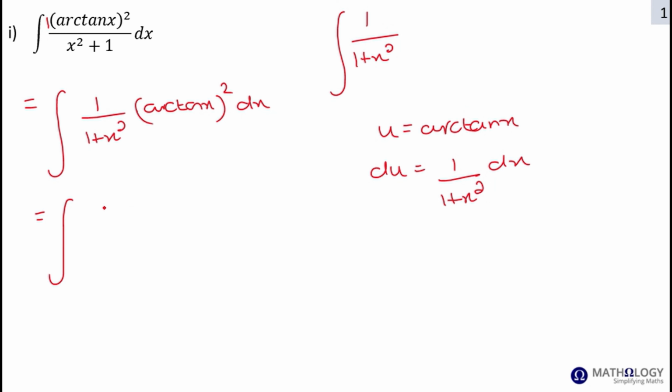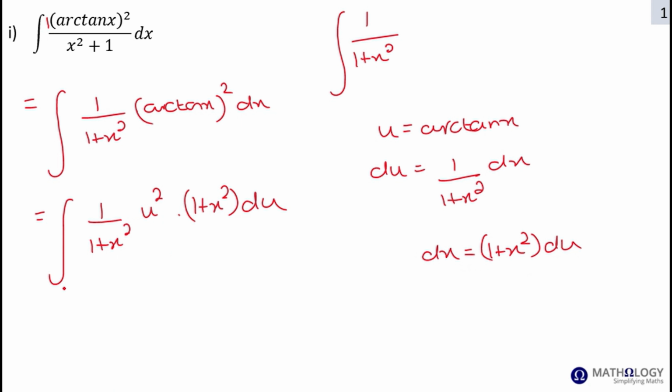So we have the integral of 1 over 1 plus x squared. Arctan x is u, so we have u squared, and then dx will be 1 plus x squared times du, and then divided by 1. So it's just 1 plus x squared times du. So dx will be 1 plus x squared times du.